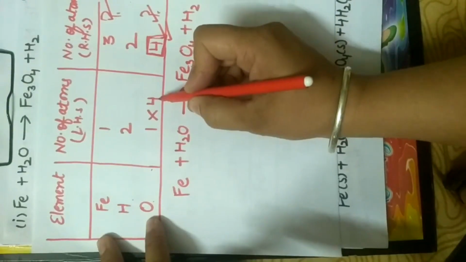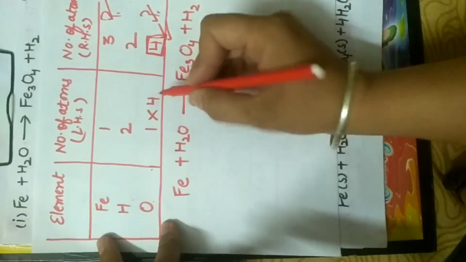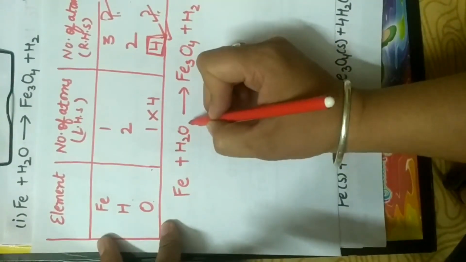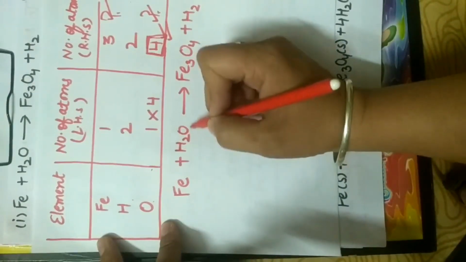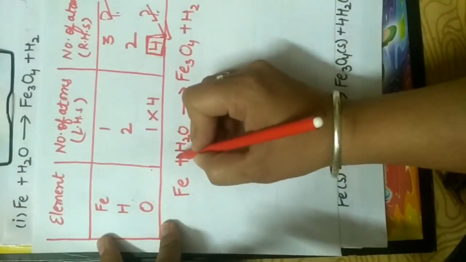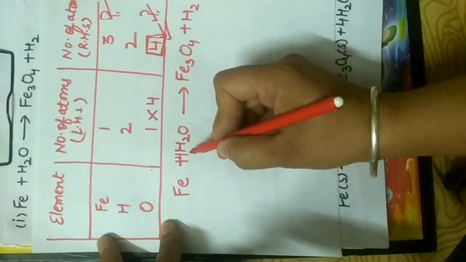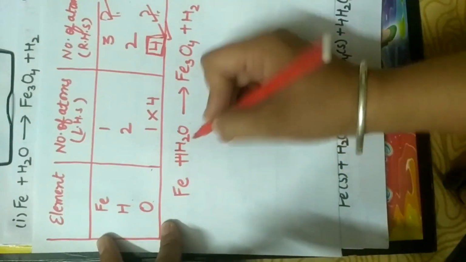Now as I have multiplied with 4 here, it means I have to write 4 in front of H2O. We can't write 4 inside, because this is the formula of H2O, we can't change the formula. So we will write the 4 here. Now you can see, if I write the 4 here, along with oxygen, hydrogen is also placed.